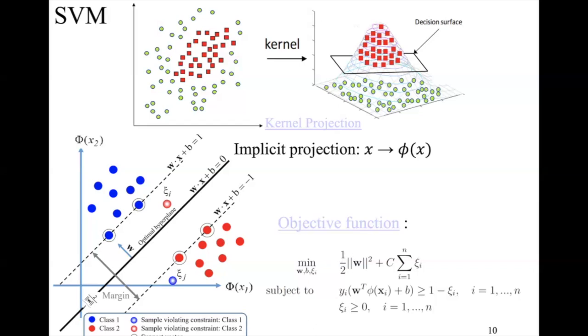The second term here allows some tolerance to outliers or noise. This adds a slack variable, called psi, subject to two conditions. C is the hyperparameter that controls the trade-off between the L2 norm and the tolerance for outliers.